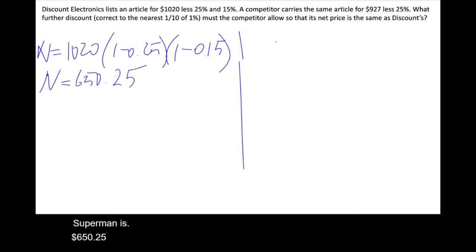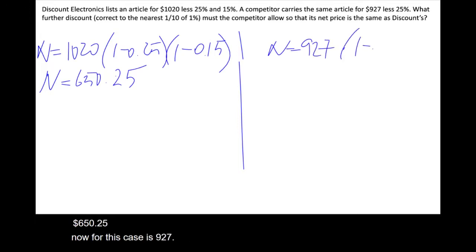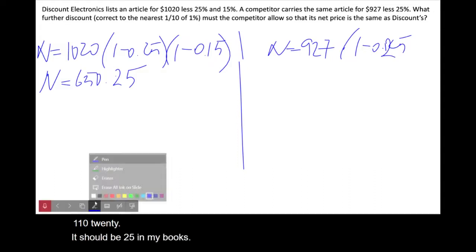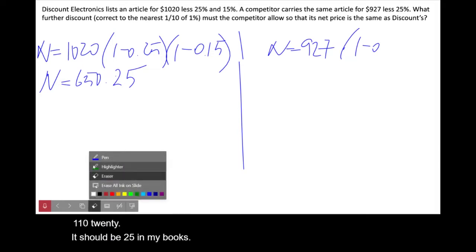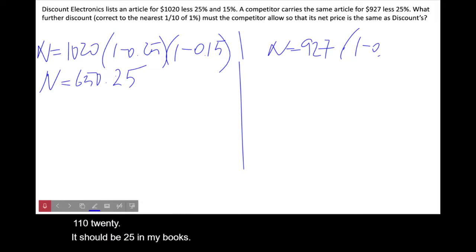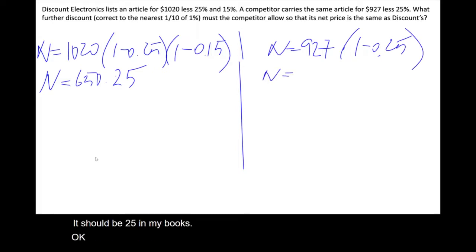Now for this case, N is 927, (1 minus 0.25). That should be 25. My goodness. Okay, so N is 695.25.